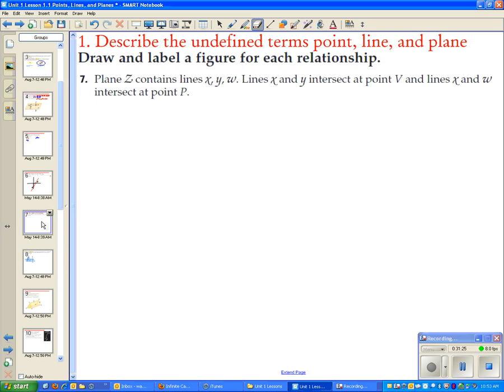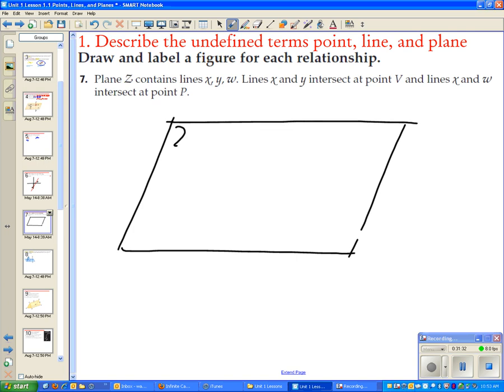All right, we're supposed to draw and label plane Z. Make the little parallelogram shape and put Z in one of the corners.